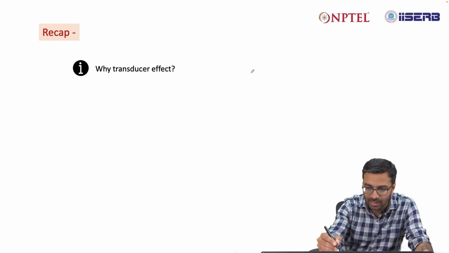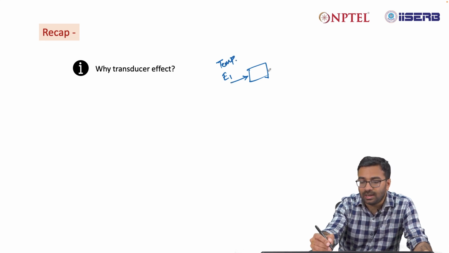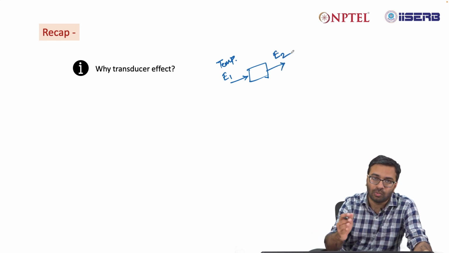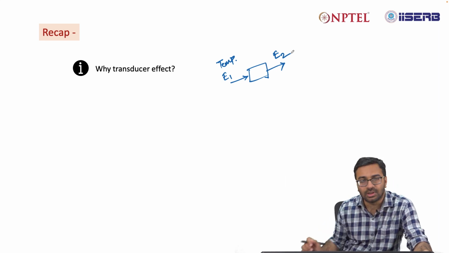For example, if you have a sensor and you have a certain sort of energy E1, maybe if you consider the example of a temperature sensor, then E1 is heat energy, right? And then if your sensor is an electronic sensor, you need to convert this energy to electrical energy, which is E2. Now conversion from one energy to another energy is what is known as transducer effect.